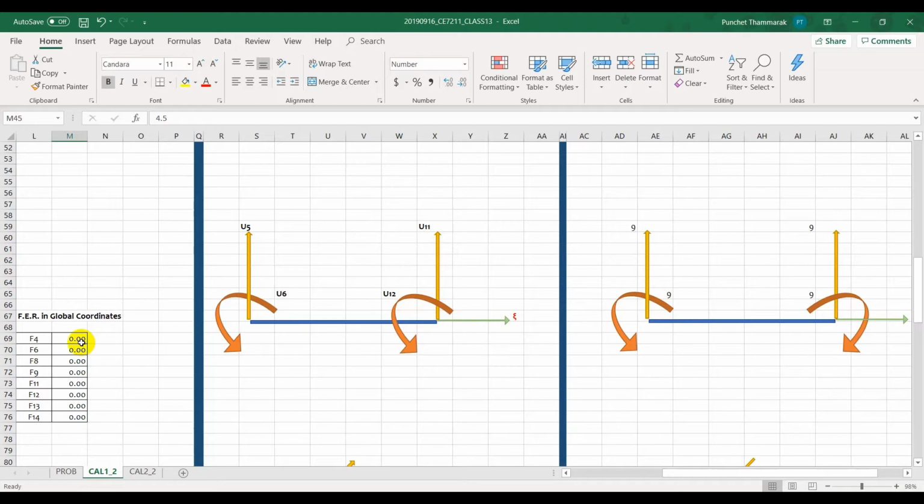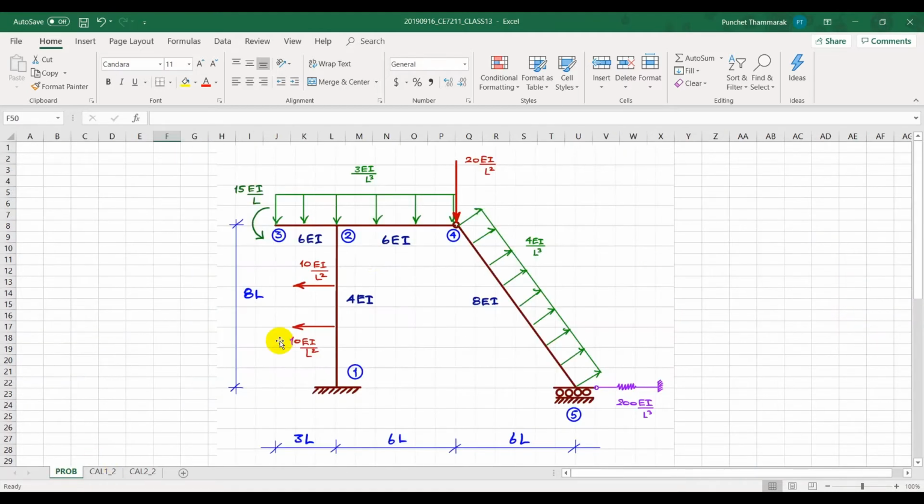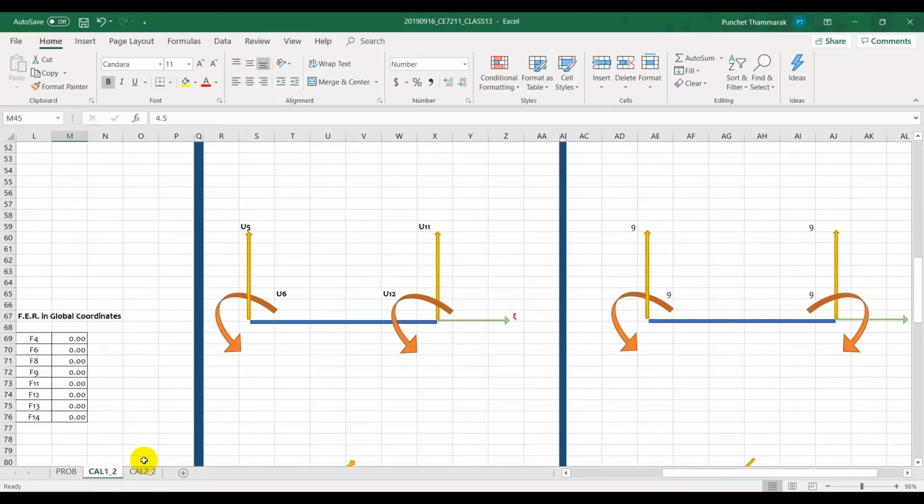The next member, we have these reactions to this uniformly distributed load over this region. So you calculate it, you get the vertical upward forces and moments like this. F5, it's not listed here.